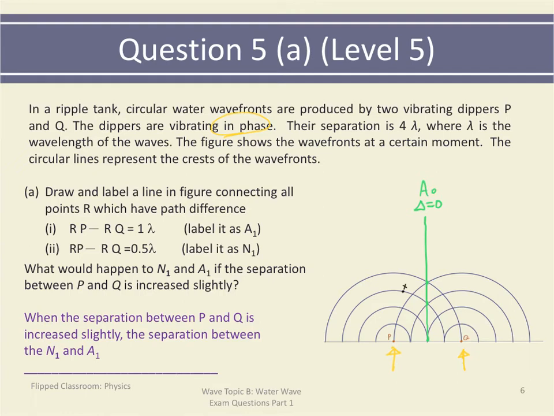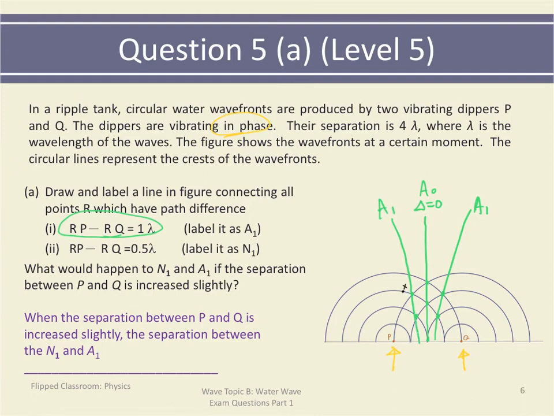Now we can try to draw a line where the path difference is 1 lambda, which is next to A0. Yeah, we connect these points. These 2 points have the path difference from P to Q of 1 lambda. So joining this, we have A1. And on the other side of A0, we can also draw another A1.